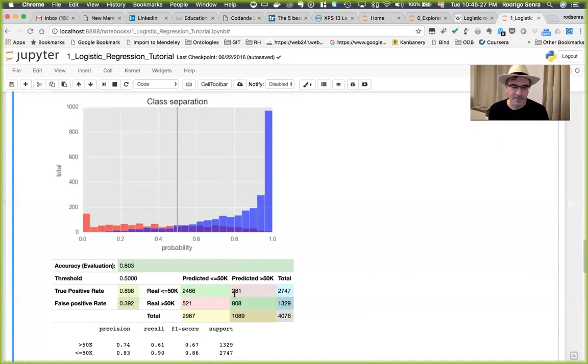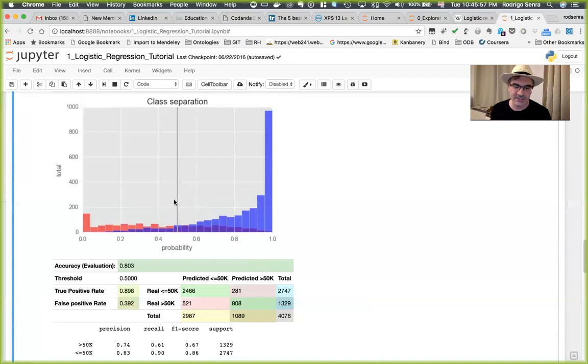But how do you work to increase or decrease these values? You work on calibrating the threshold. The threshold is the probability. We're working with a 50% probability. So we're saying that everything above will be our positive class, and everything below will be our negative class.